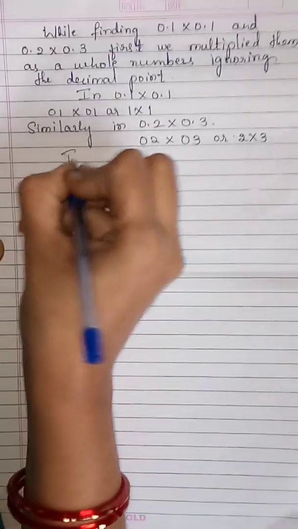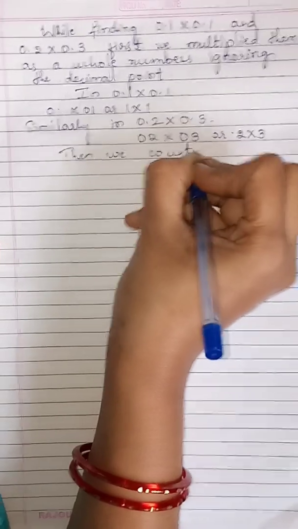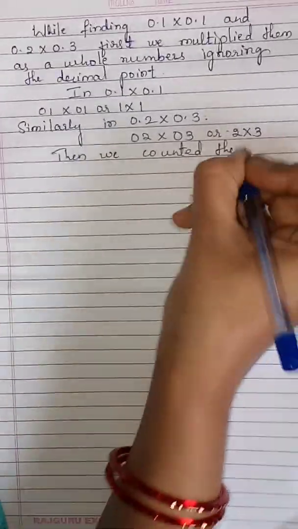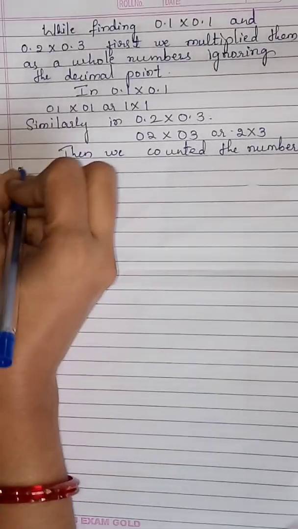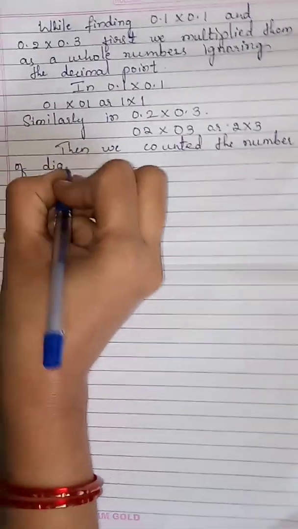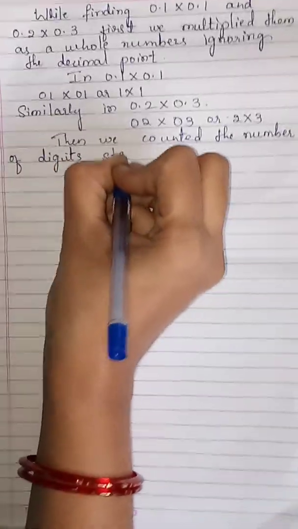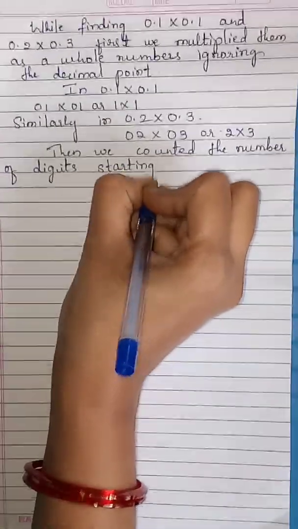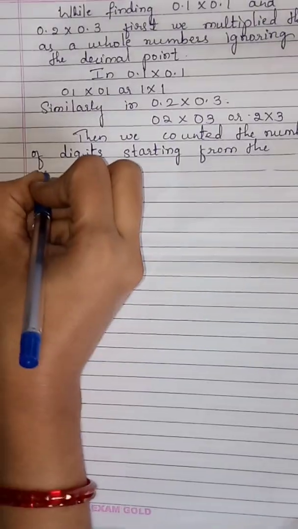Then we counted the number of digits starting from the rightmost digit.